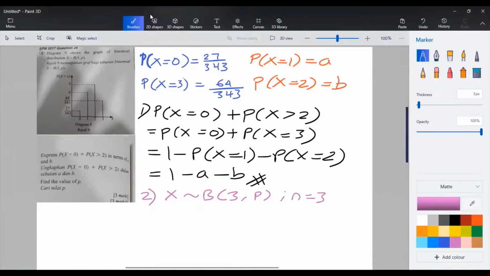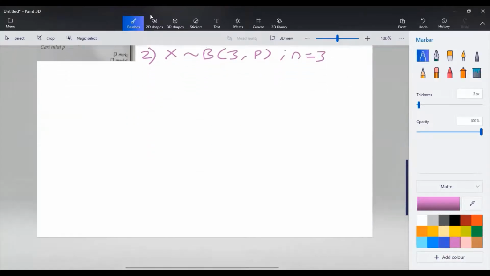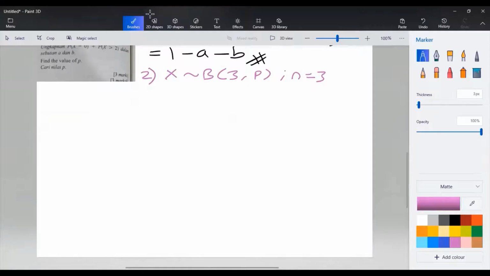So let's look at one by one. We want to find p here, and n is equal to this.